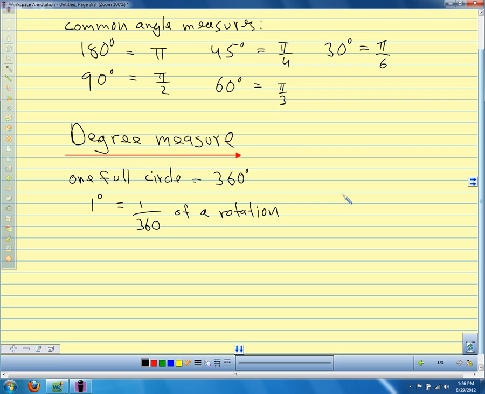Since we know that there are 2 pi radians in the full circle, and we've said that there are 360 degrees in a full circle, we can say that a rotation of 360 degrees is equal to a rotation of 2 pi.